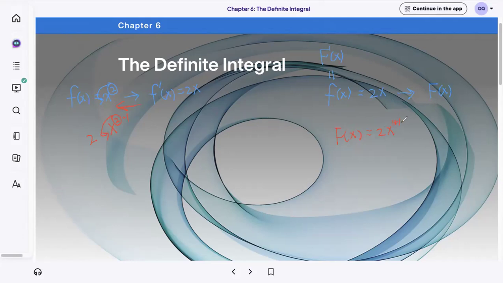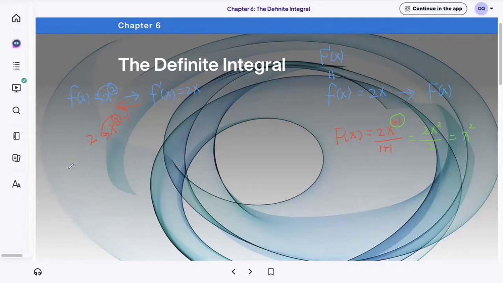Now 1 plus 1 is 2, so we divide by 1 plus 1. We add 1 to the exponent, get a new exponent, then divide by this new exponent. Let's simplify it. We get 2x squared divided by 2, which is exactly x squared.